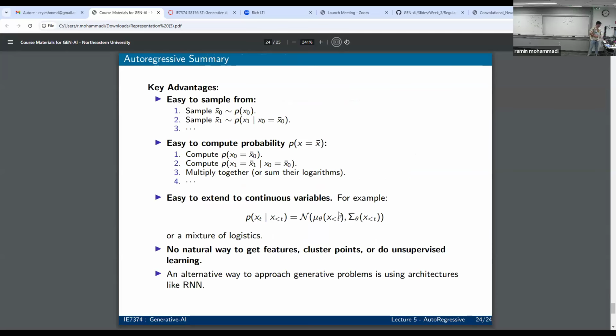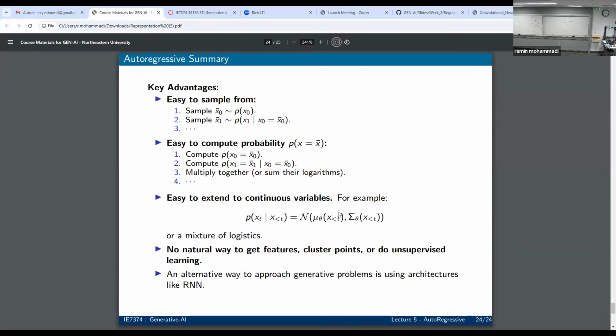Again, to summarize on autoregressive models, and we will talk a lot about autoregressive models moving forward: they are easy to sample from because all you need is one starting point, and you can continue from there. One of the challenges, as you can see, is the sequential part of the process, so it takes time to generate. That's why, if you think about GPT or generative models like that, words come one at a time. You cannot look ahead.